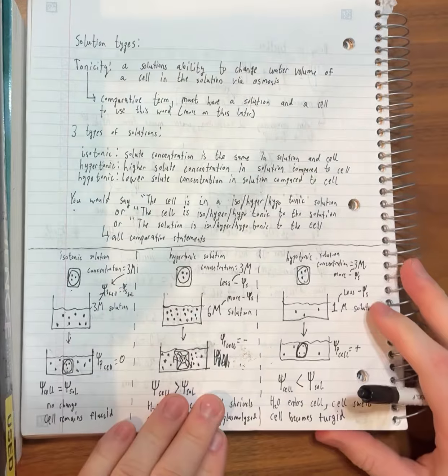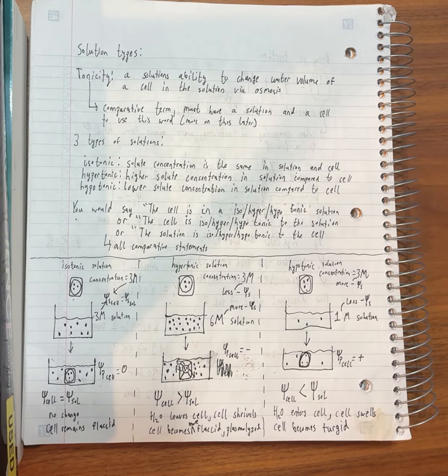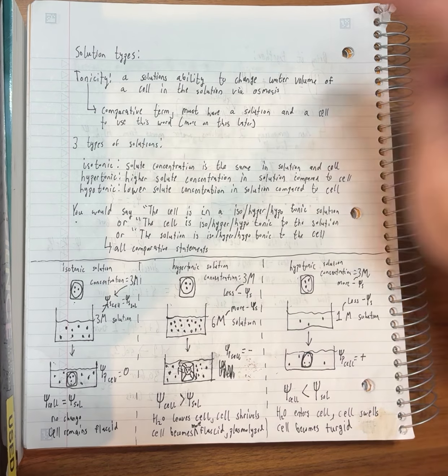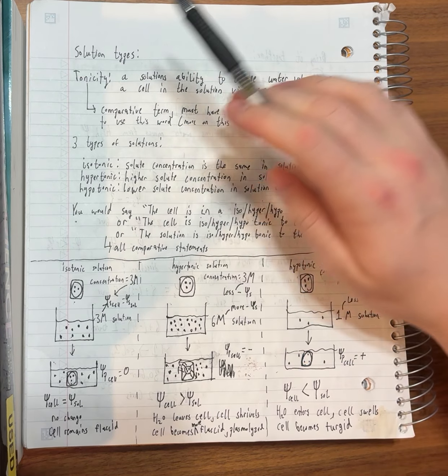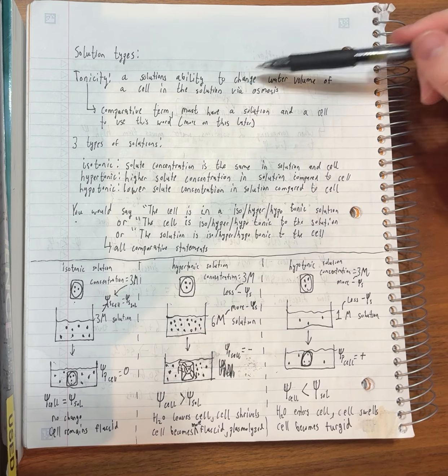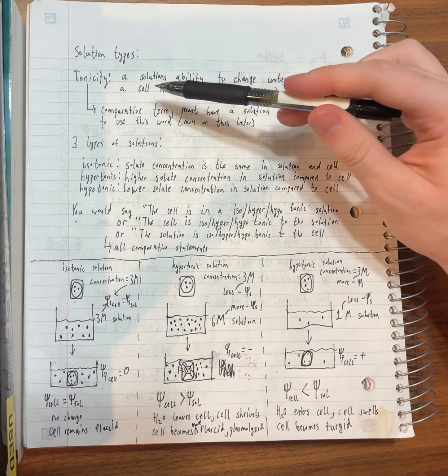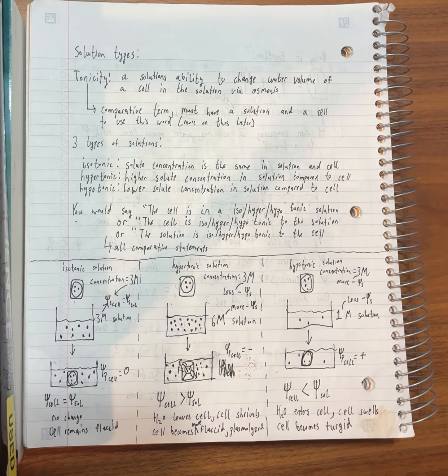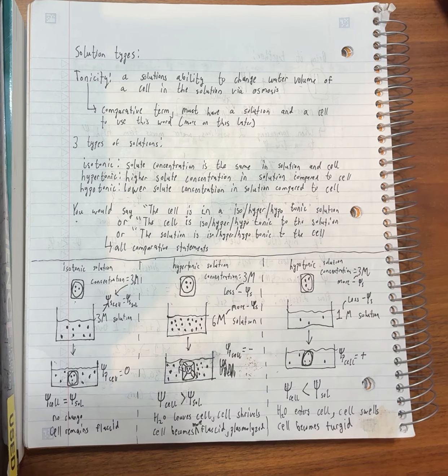All right, next thing we have to talk about is types of solutions. When you talk about solution types, you're going to talk about the tonicity of a solution. Tonicity, by definition, is a solution's ability to change the water volume of a cell in that solution via osmosis. So tonicity is a comparative term.